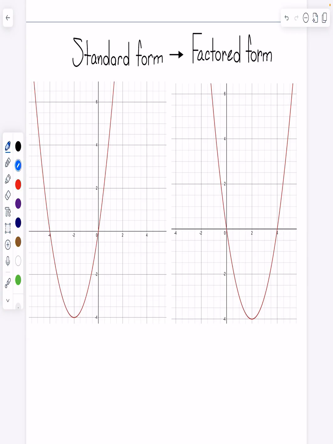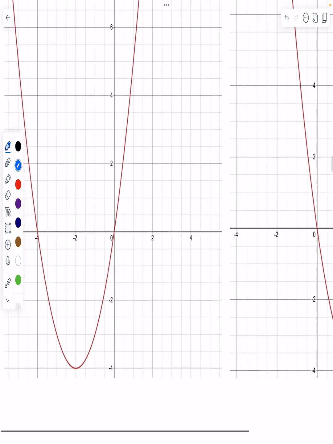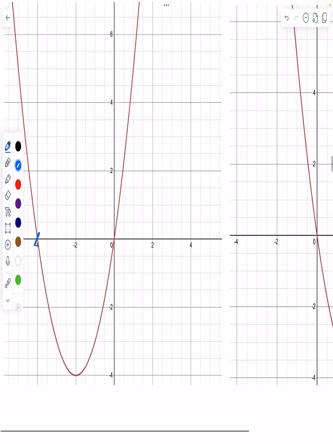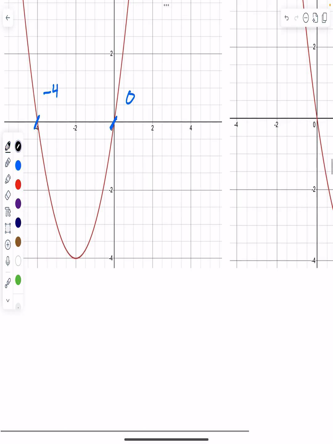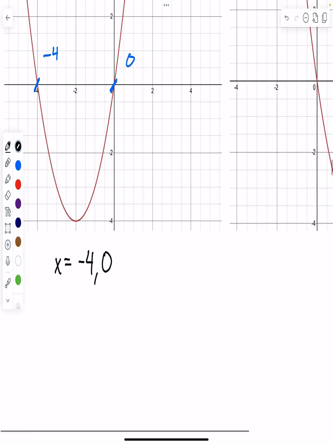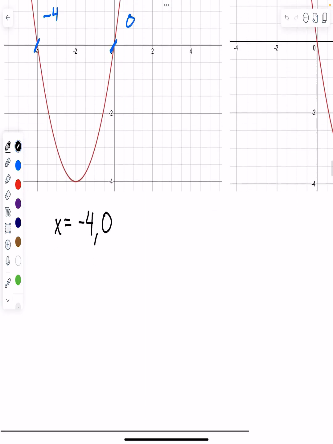But let's take a look here at the parabola to the left. It seems to be the case that we are crossing the x-axis at -4 and at 0. So our 0 points in this case are -4 and 0. And these correspond to a function that will look something like this.